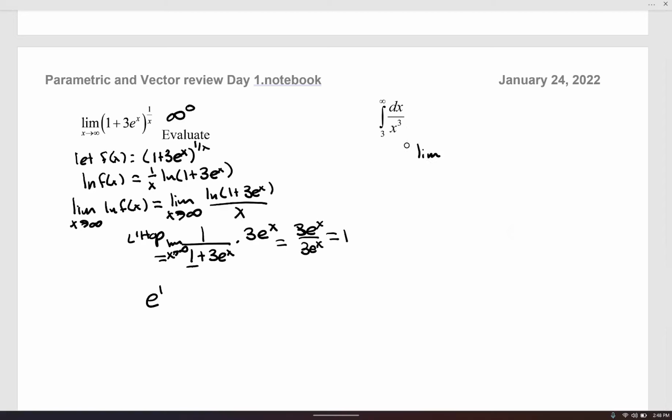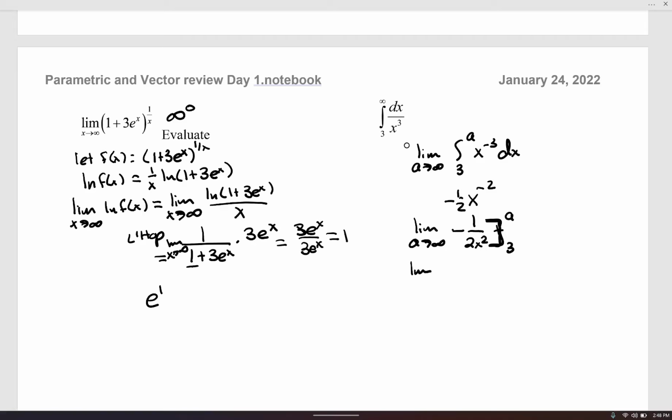Here we have the limit as a approaches infinity of the integral from 3 to a of x to the negative 3 dx. So we're going to add 1 to the power. That's negative 2 times negative 1/2. We have the limit as a approaches infinity of negative 1 over 2x squared, from 3 to a.